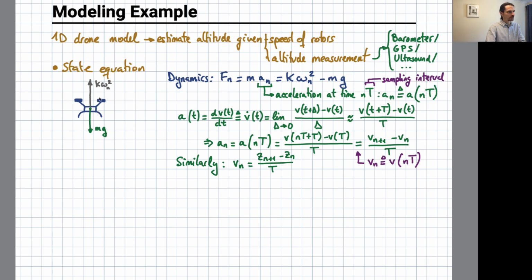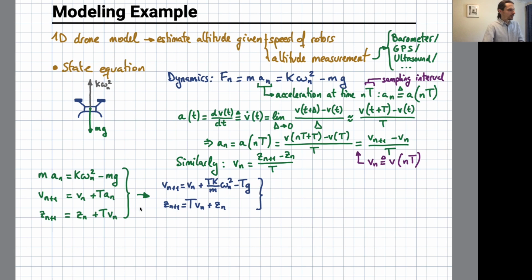So this is, as I said, a 1D model. And this collects or summarizes these equations. The first one is this. The second one is the result of solving this equation for Vn+1, and this one comes from solving this equation for Zn+1.